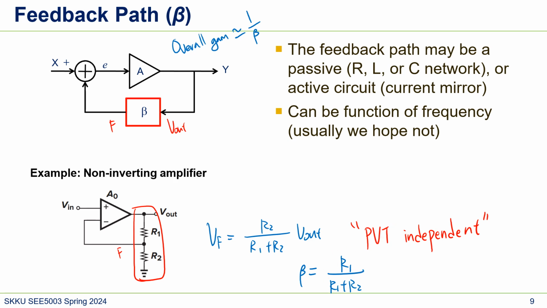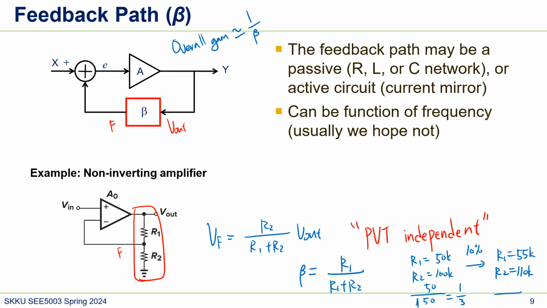Let's say R1 is 50K, and R2 is, let's say, 100K. So that is 50 over 50 plus 100, which is 1 over 3, right? Assuming there's a 10% variation, R1 becomes 55K, and R2 becomes 110K.